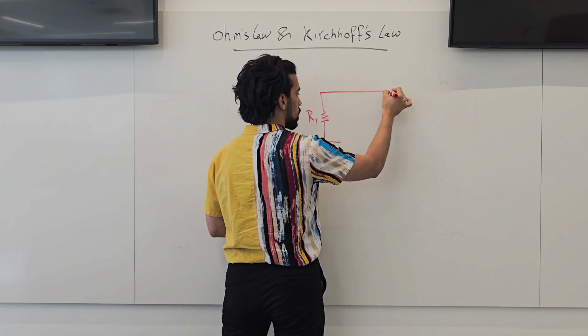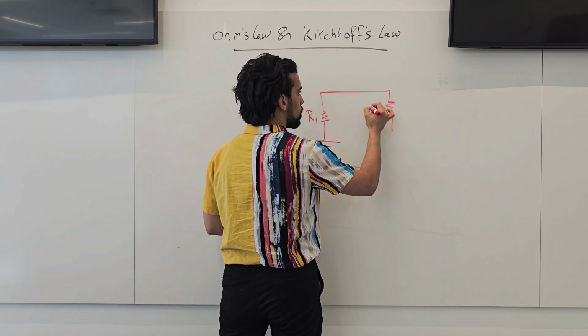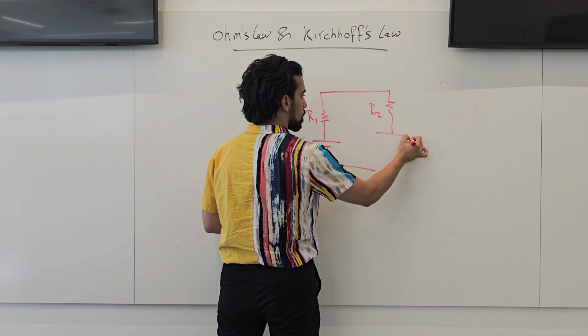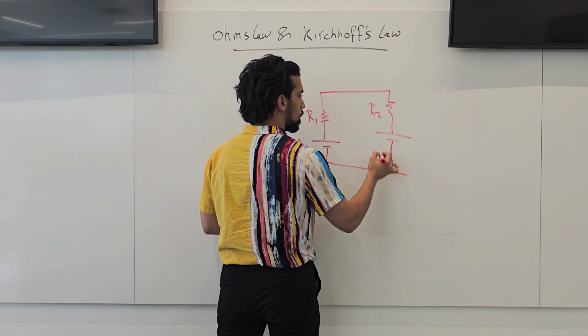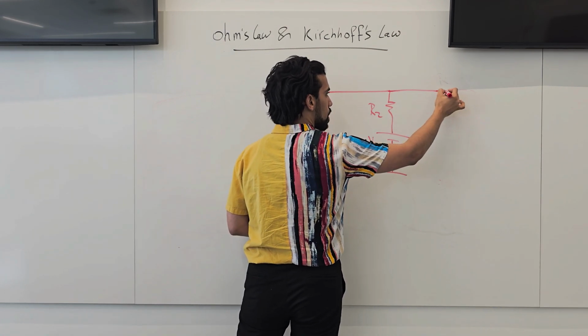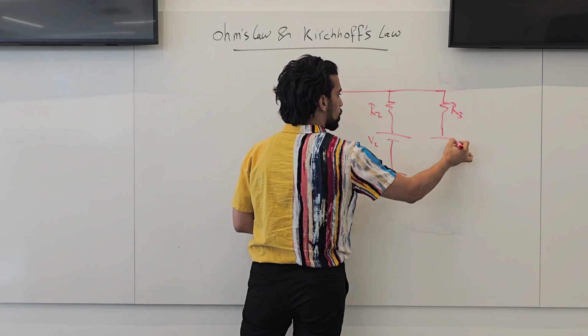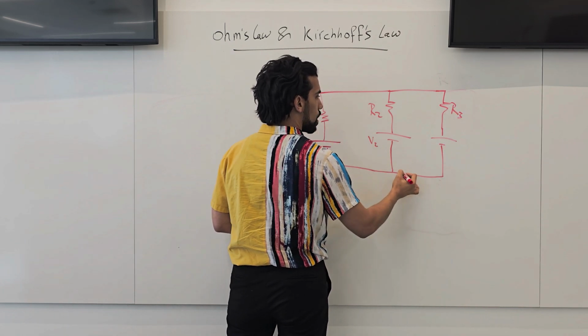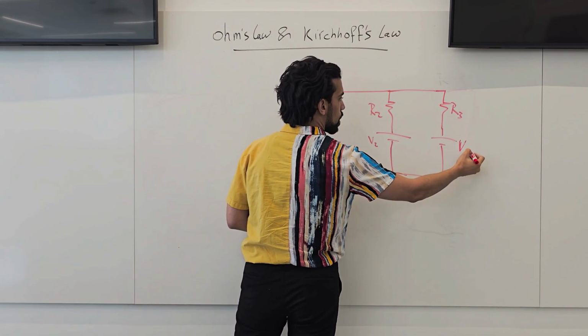Then we have another resistance R2 connected in series with a voltage power supply, let's say V2, and finally a resistance R3 connected to a voltage power supply V3.